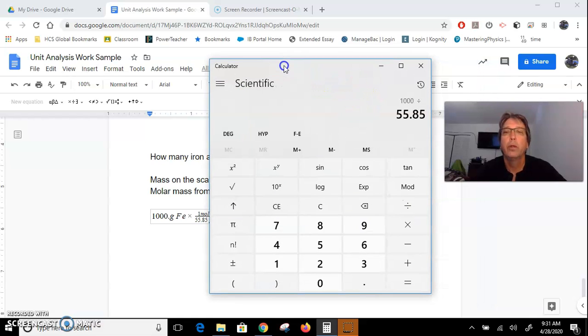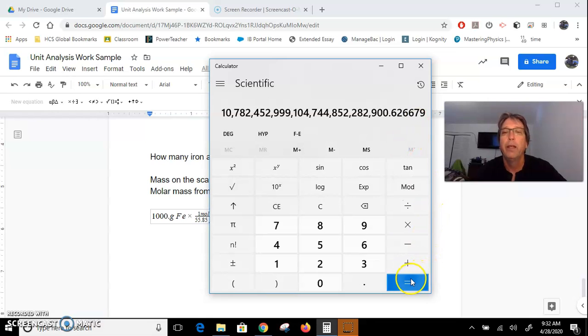So, put it back where you can see it. Since it's on the top, we'll times 6.022 exponent 23. That means 6.022 times 10 to the 23rd power equals, yay! And gracious, it's big again, but no problem. Fe, bam! There we are.